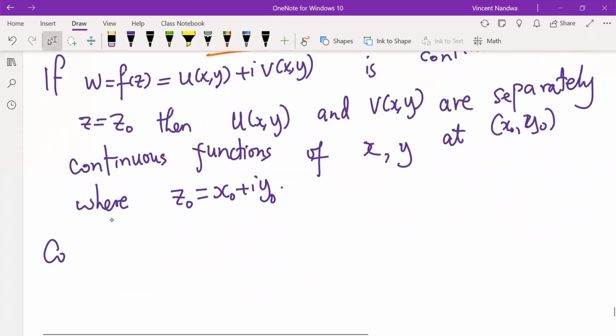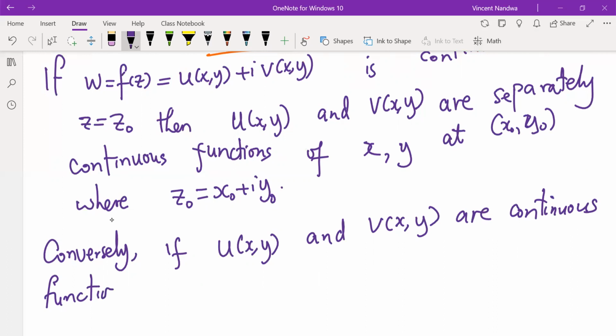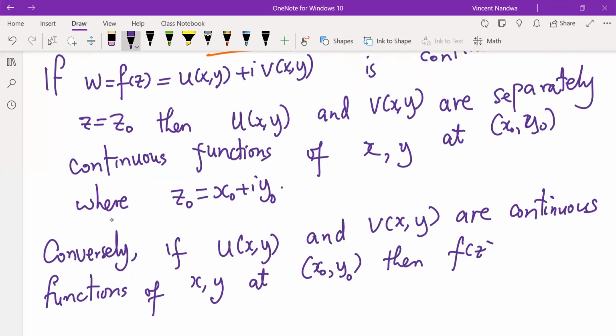Conversely, if u of x y and v of x y are continuous functions of x and y at the point x naught, y naught, then f of z is continuous at the point z equals z naught.